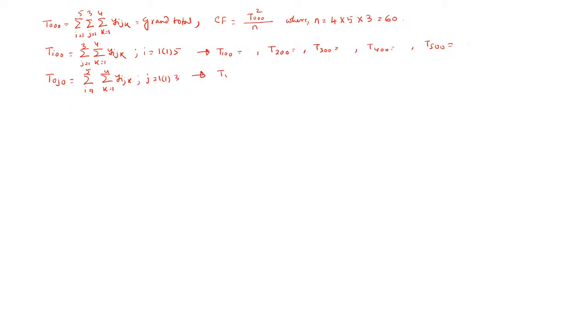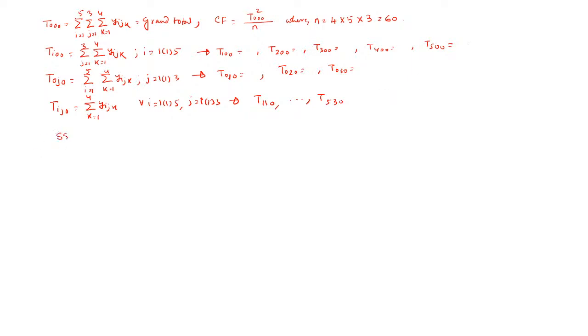So compute T010, T020, T030. Then compute Tij0, which equals the sum over k from 1 to 4 of Yijk for all i from 1 to 5, j from 1 to 3. So here you need to compute these 15 values. So please compute this.